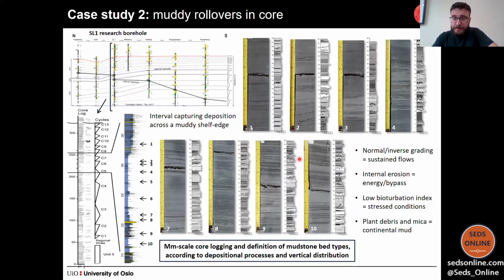All these siltstones and claystones were dominated by normal and inverse grading, suggesting that there were some sustained flows, for example, hyperpycnite type flows, a lot of internal erosion and bypass, very low bioturbation index, suggesting relatively stressed physicochemical conditions, and a lot of plant debris and mica, suggesting that some of these flows could potentially be derived by river floods, or at least that the organic matter was actually continental in origin.